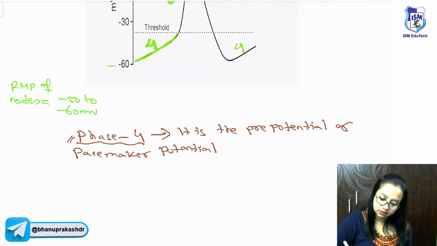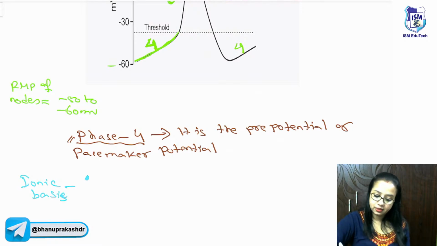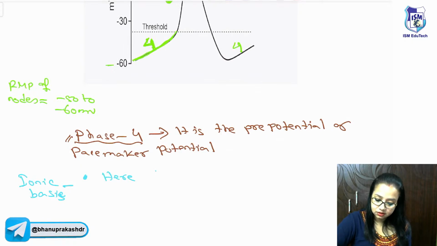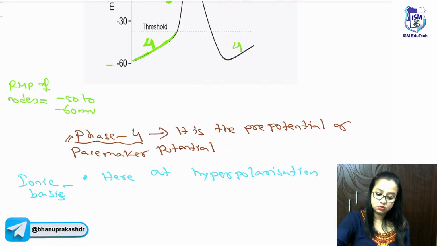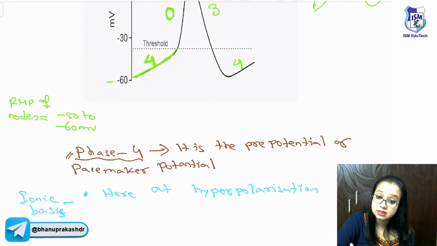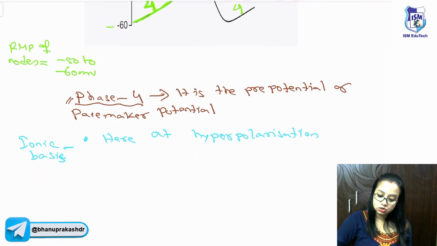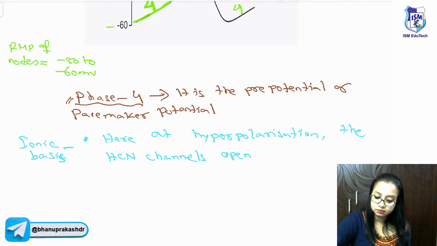What is the cause for it? The ionic basis for this is hyperpolarization. So here you see the resting membrane starts from -60, which is a hyperpolarized condition, right? Means that it is below 0. So at hyperpolarization, the hyperpolarization induced sodium channels open up.